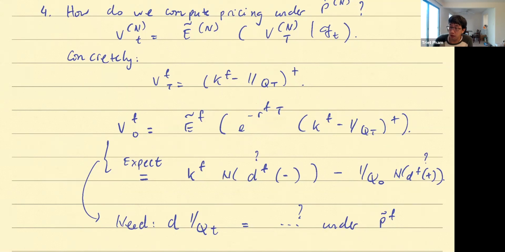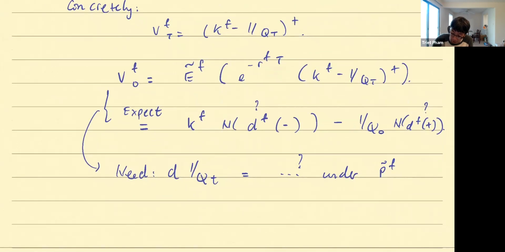And again, if you want a blunt message, I don't like it to be too simplistic, but maybe it's not that simplistic either: what is the volatility of 1 over QT under E tilde F?